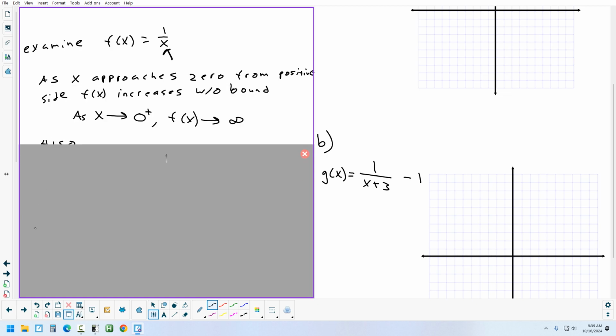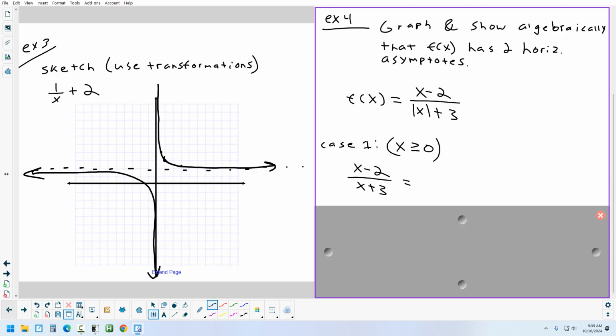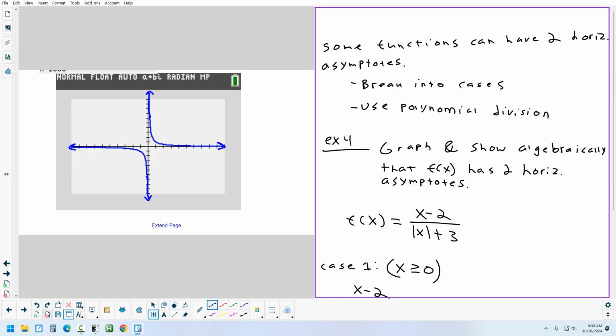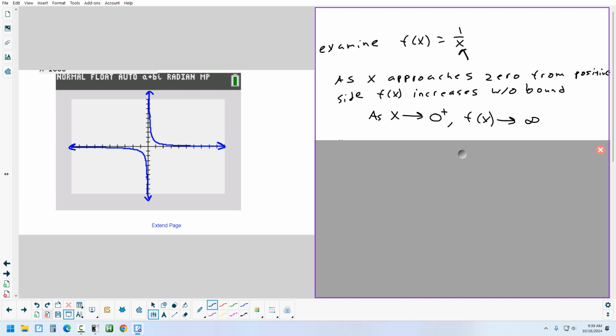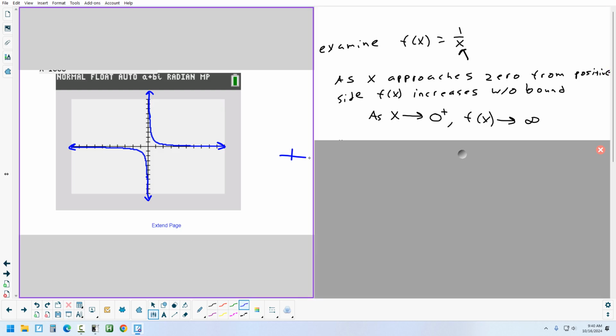So as x approaches 0 from the positive side, let me get the graph back up here so we can look at that. As x approaches 0 from the positive side, that means start on the positive side and start approaching 0, but stay on your graph. Look where you're going. You're heading up to infinity.